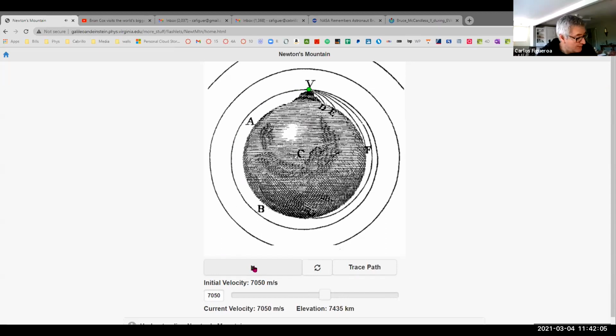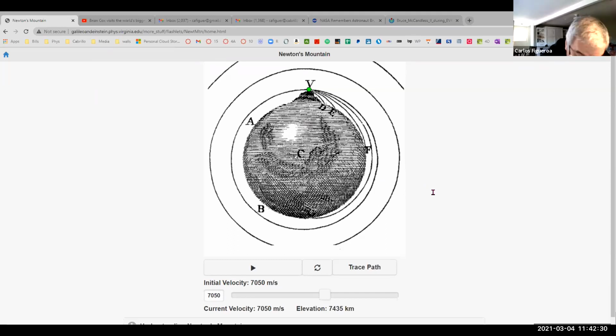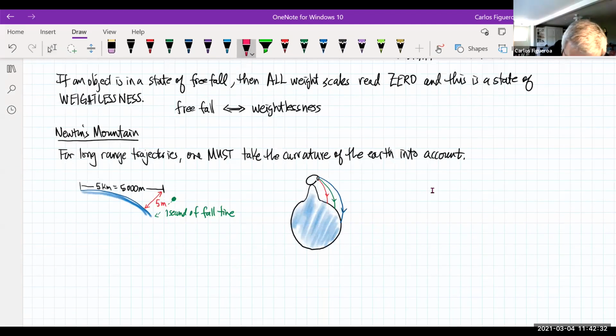So I'm going to take an image of this and bring it into the notes here, back into my OneNote. If I was to shoot this fast enough, at just the right speed, instead of falling into the earth, it's moving fast enough so that the curvature is falling away at the same rate.